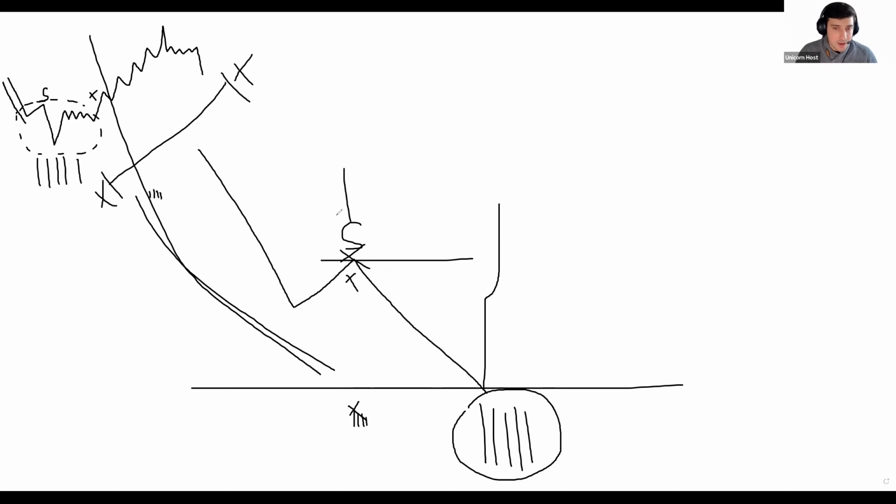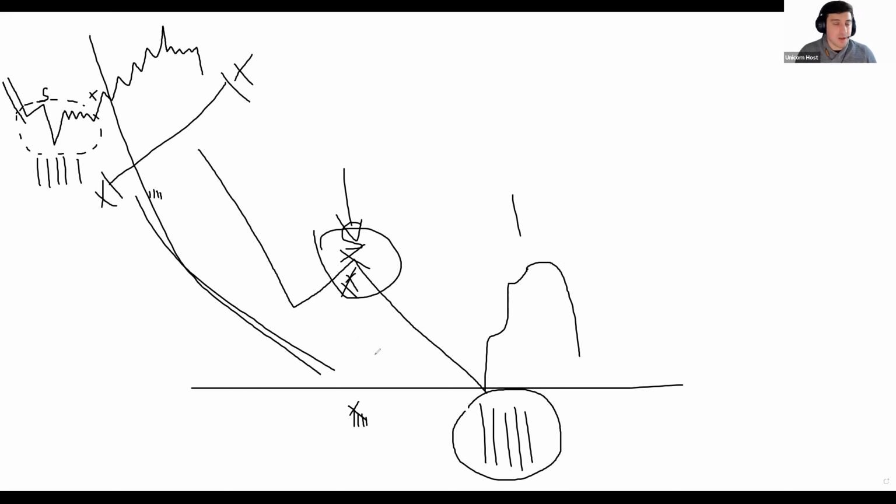If that last seller comes in with more selling pressure or more volume at the top, then, like I said earlier, it's got a higher chance to try again and take it lower. So we don't have an edge when that last seller comes in with higher volume, because we don't know what's going to happen next. It doesn't give us any clue. It still tells us the seller is strong.